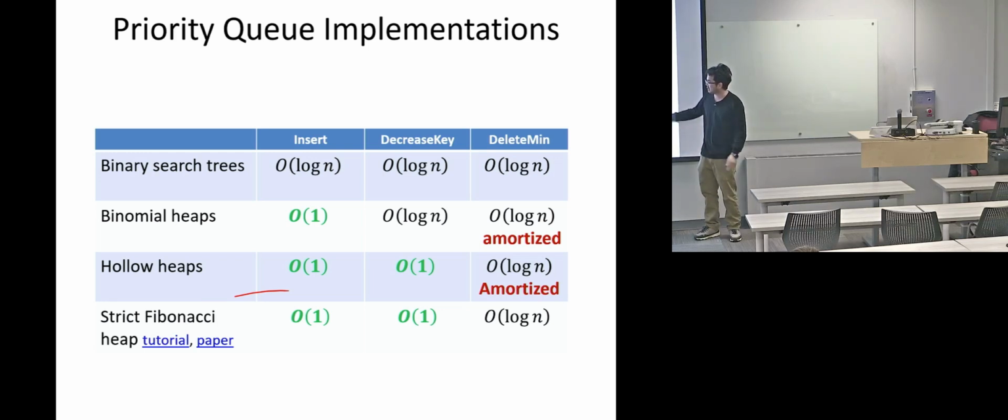So if you are interested, you can see the paper or look at the tutorial. But this so far is really simple. People usually teach something called Fibonacci heaps, which has the same guarantee here, also amortized, not worst case. But it's more complicated.